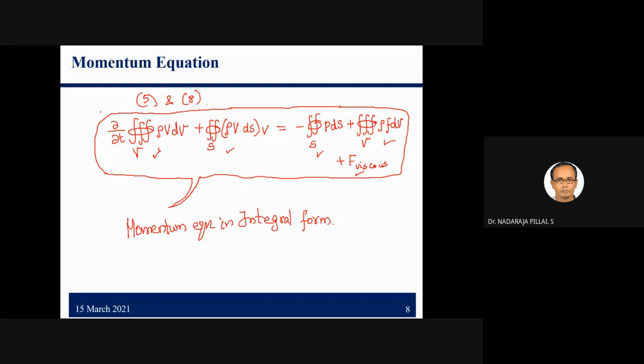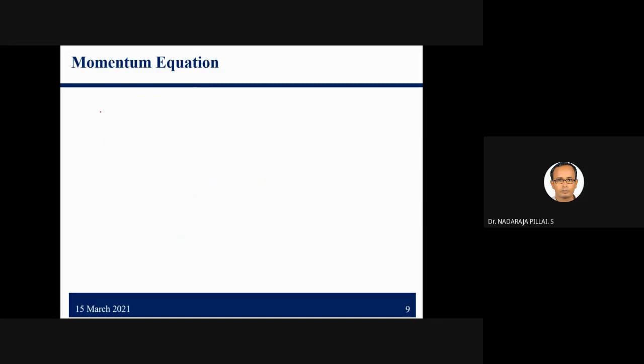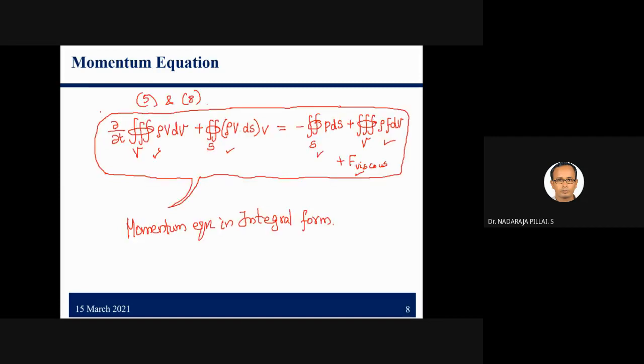Now, of course, this is the momentum equation, but we can change its form, right? Let us say, I will write this momentum equation as the 9th equation.